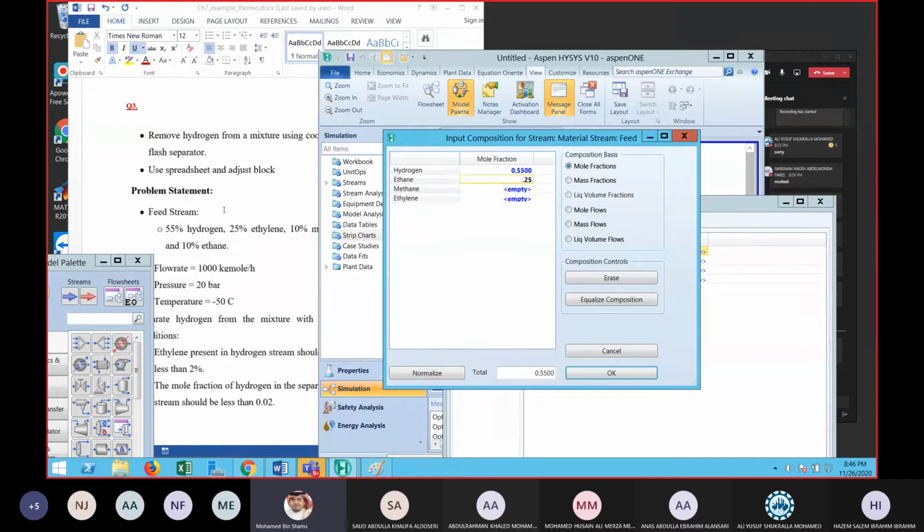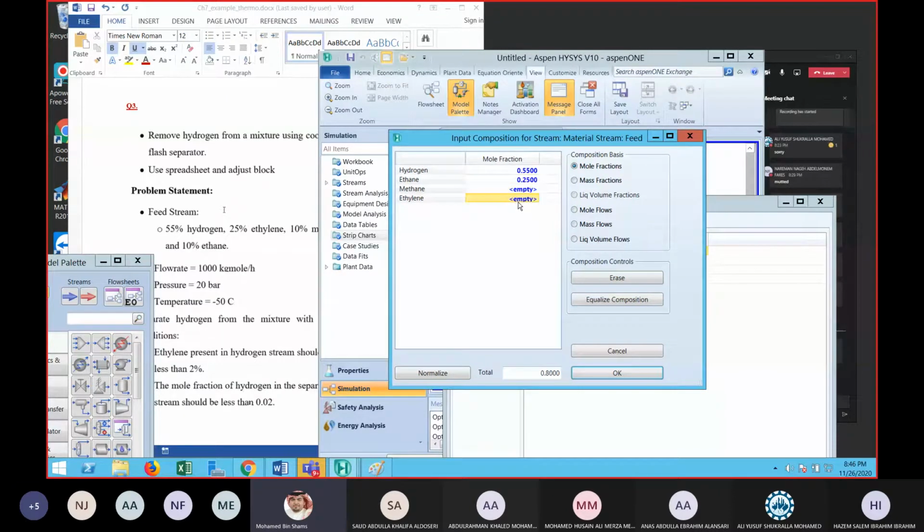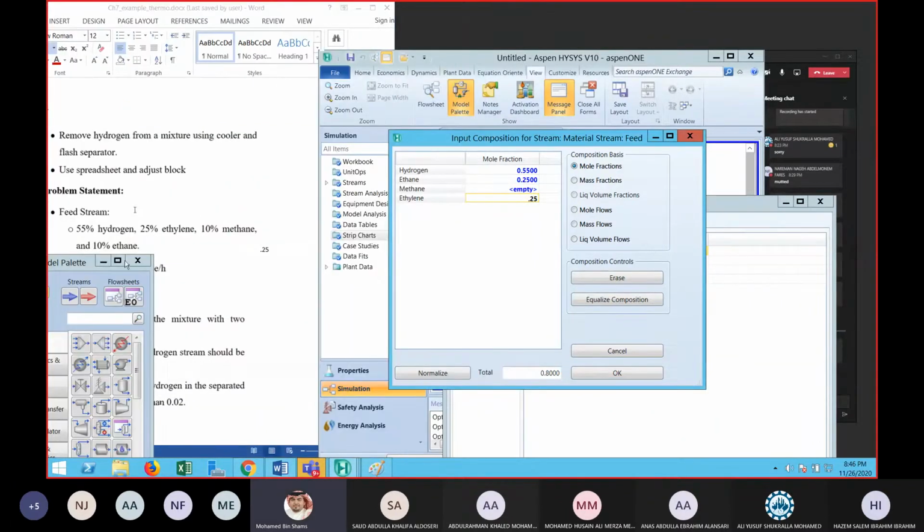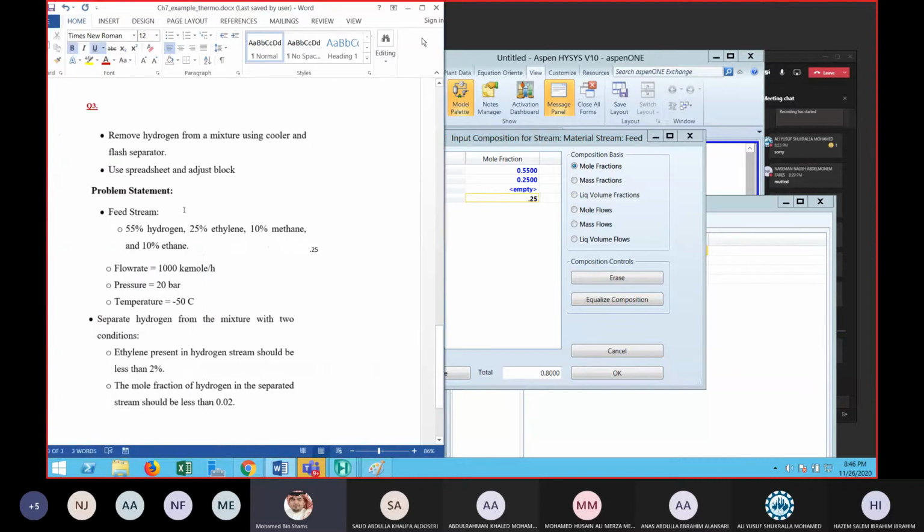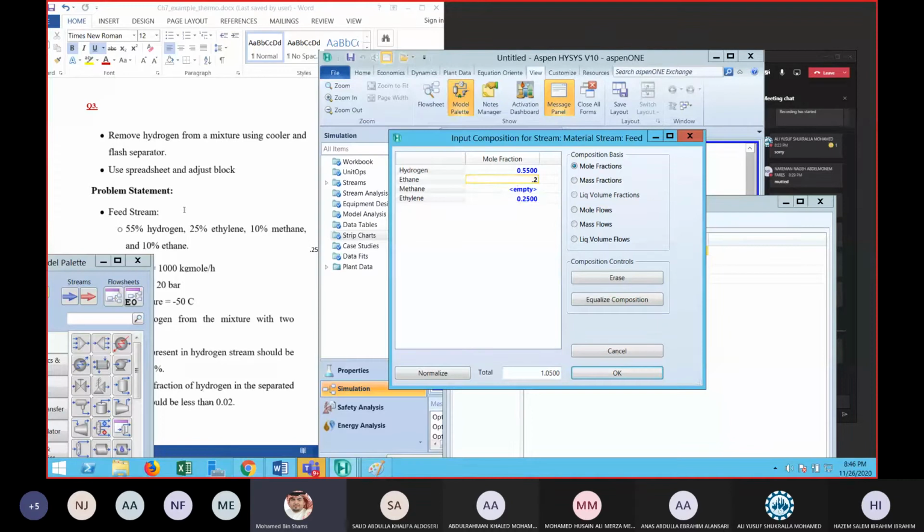0.25 الإيثيلين، لا سوري الإيثيلين 0.25. الإيثين 0.1 والميثين 0.1. يعني الهيدروجين 0.55، الإيثيلين 0.25، الإيثين 0.1 والميثين 0.1.